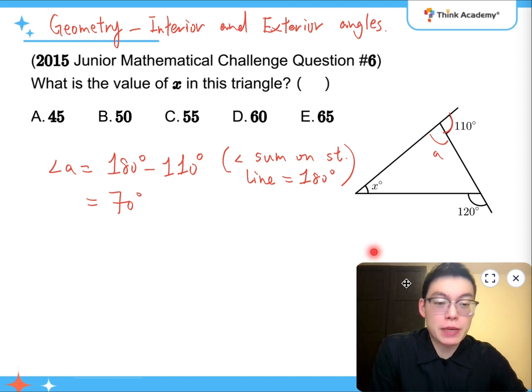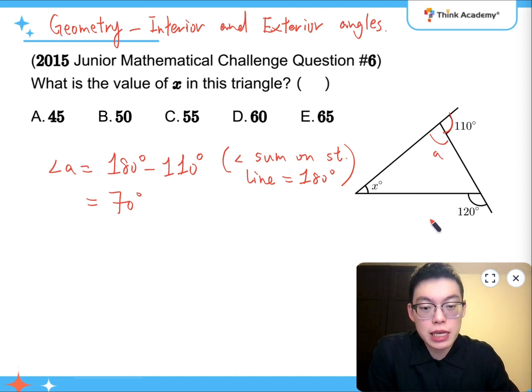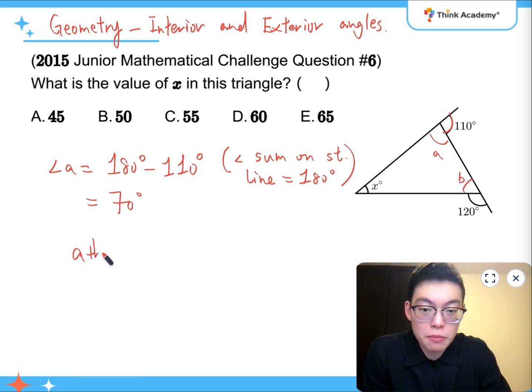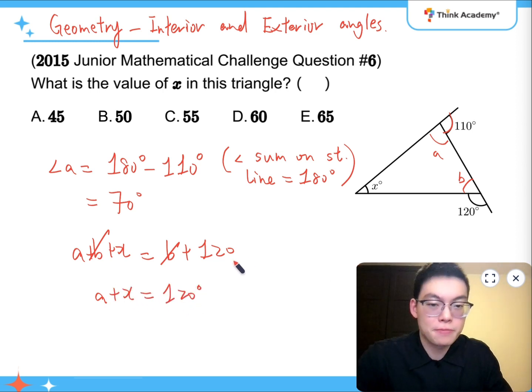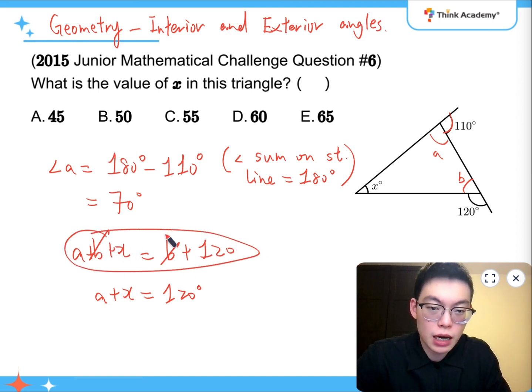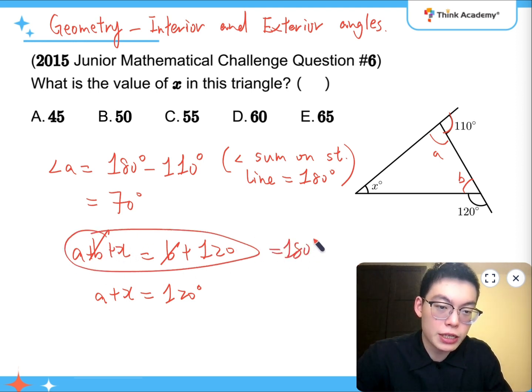And that is because if you can see this angle, let's name it B, all right? So A adding B adding X is equal to B adding 120. So cancelling out the B on both sides, A adding X equals 120. That's where it's coming from, because both of them are going to be 180 degrees, right?